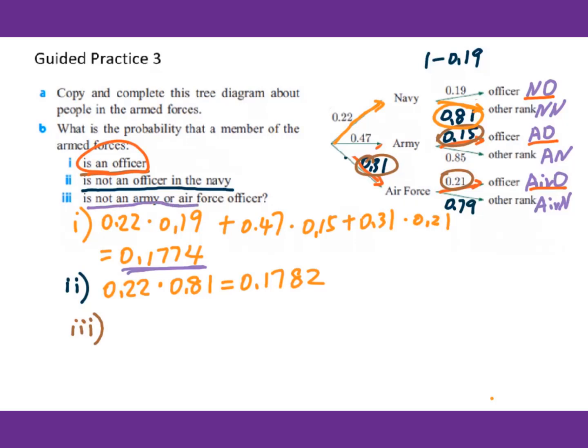Not an Army or Air Force officer. We will check Army officer. That's Army officer is this. This is not. Air Force officer is this one. So what you can do is 1 minus these 2.